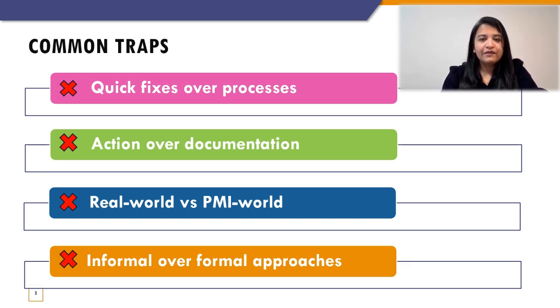You have to document first and then take an action with the approval that you would be receiving as a part of any process. Documentation is always going to come first. Next is informal versus formal approaches. That's where you have to understand PMI appreciates formal processes rather than informal discussions for any case scenario.